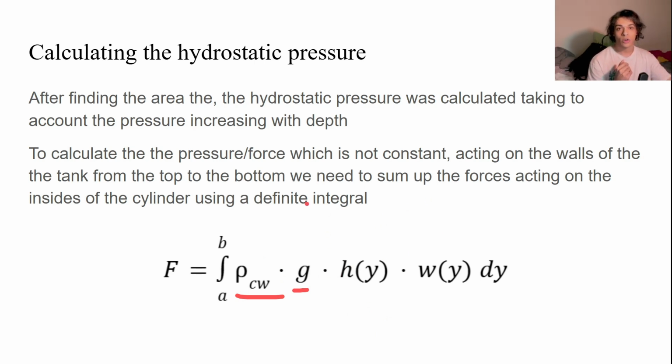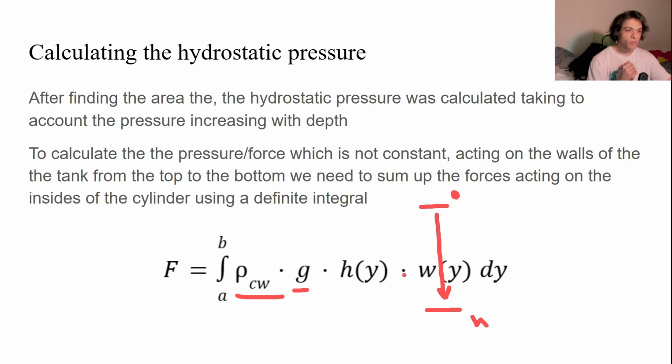At y equals 0, this is going to be the top of the cylinder. And at y equals h, which is the height we just found, 1.084 meters, this is going to be the bottom. So this is basically calculating the depth. As we go down, the depth increases, so this is going to be 0, and this is going to be h.